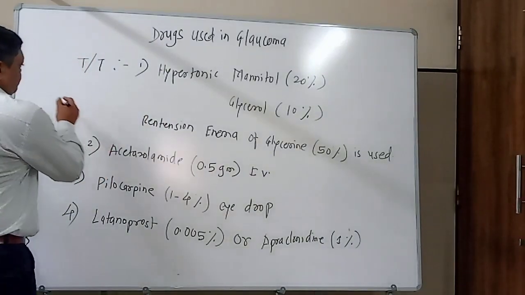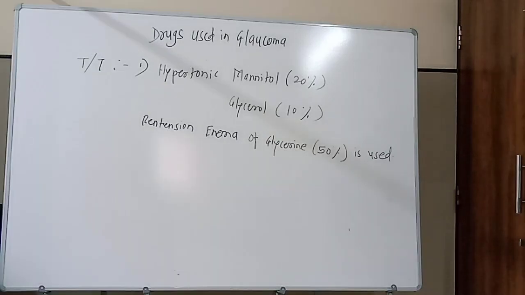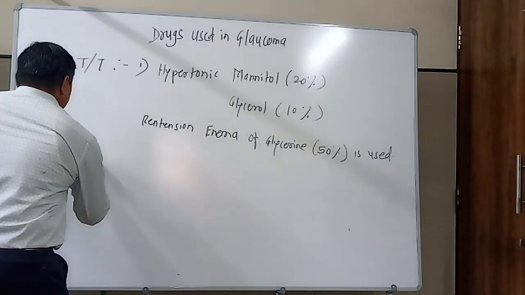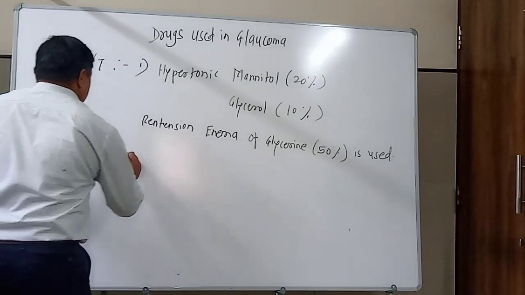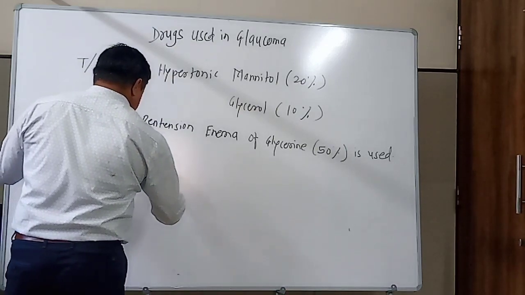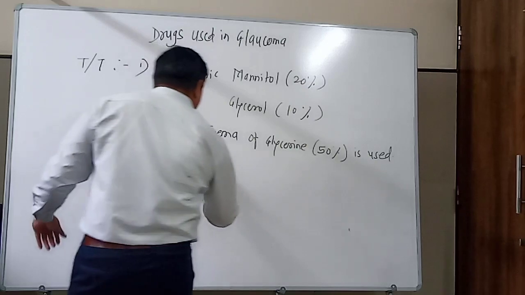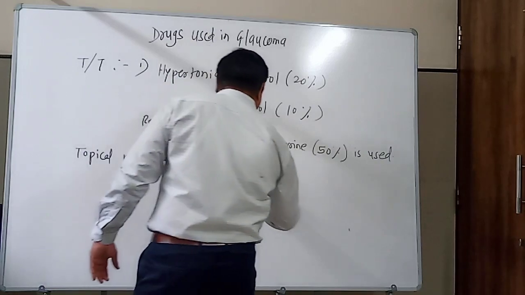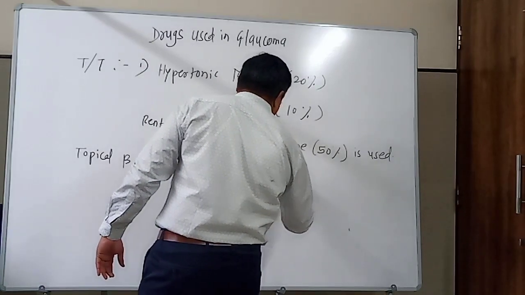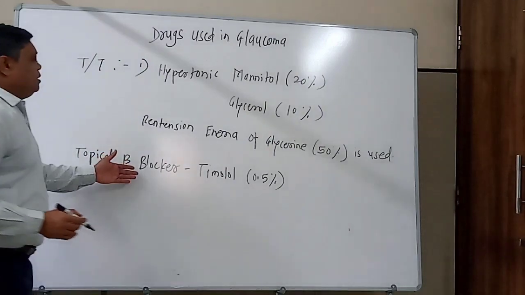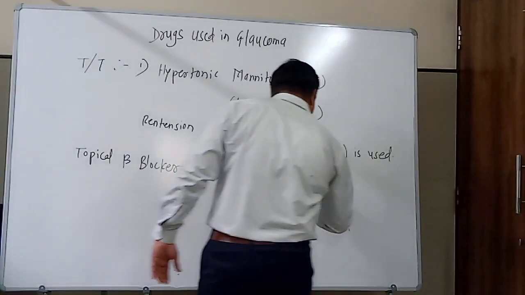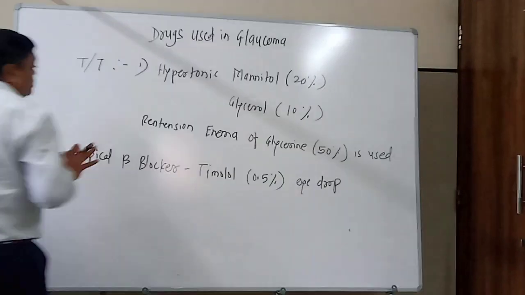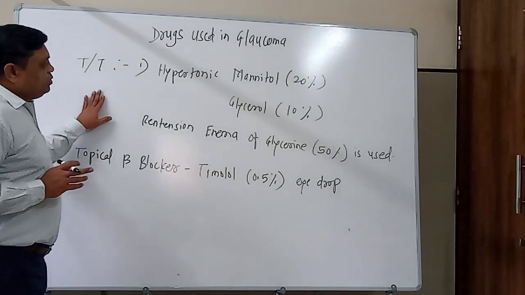And next are topical beta blockers, that is timolol 0.5%, used as an eye drop. This is all about the management of acute congestive glaucoma.